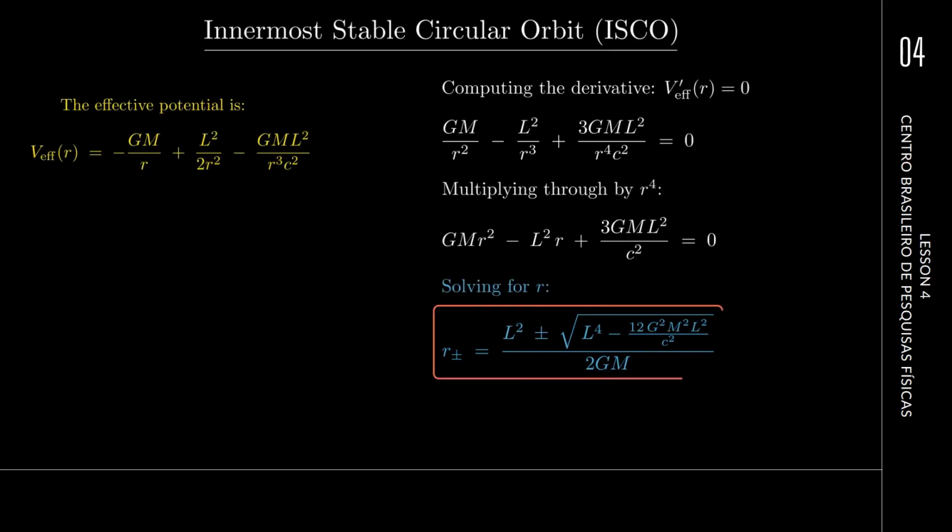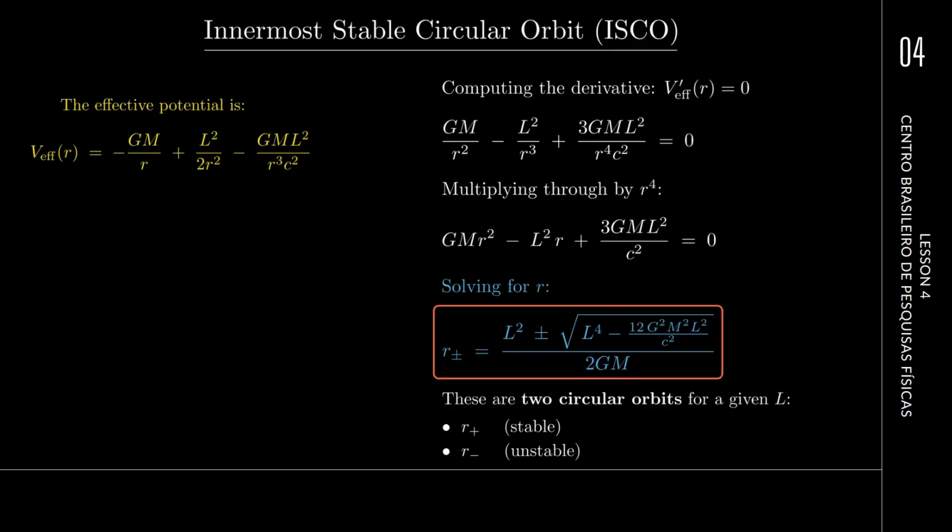These are the radius. You are just taking the derivative of this formula and equal to 0. So this is the solution. We have two radius where the test particle can orbit in a circle. This is already very, very peculiar if you compare only with Newtonian gravity, no?